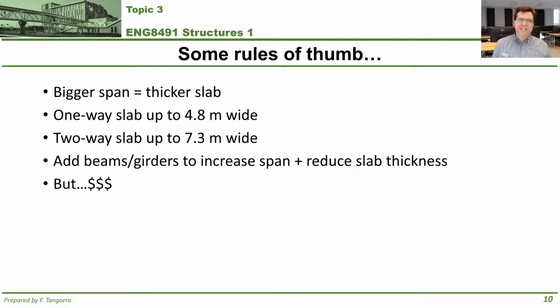Typically, one-way slabs should be up to a span of about 4.8 meters. Two-way slabs up to a span of about 7.3 meters. If you want spans of slabs that are bigger, you want to start adding beams and girders to ensure that the slab is strong enough and maybe to reduce the thickness of that slab.